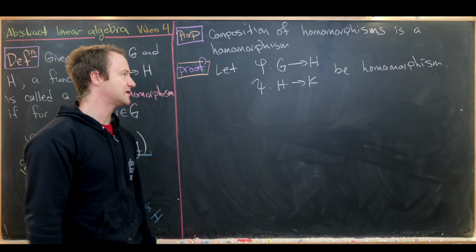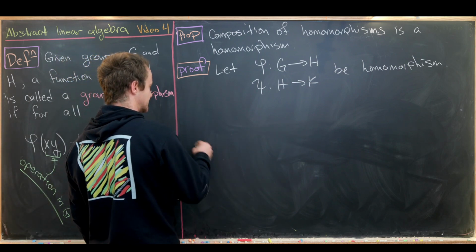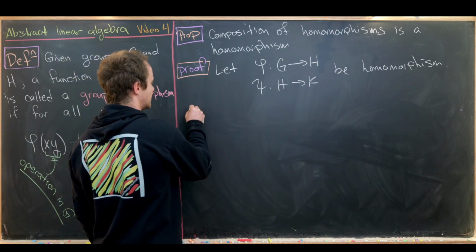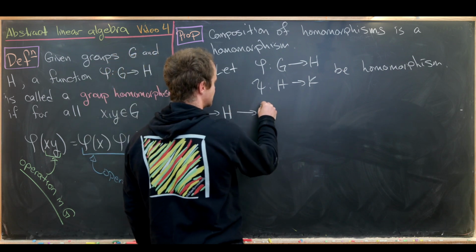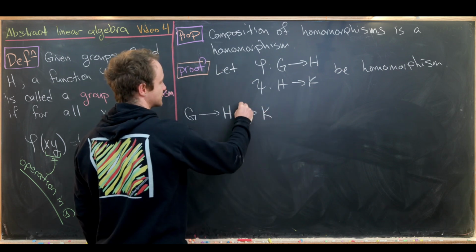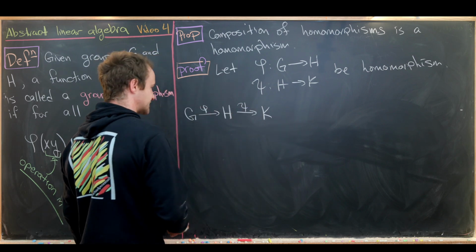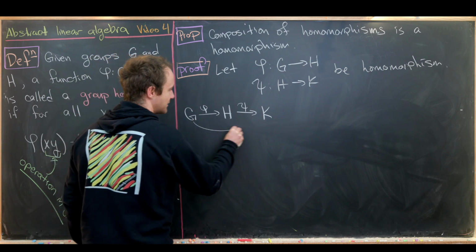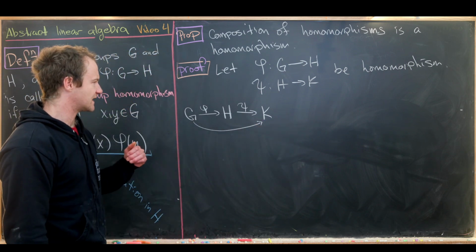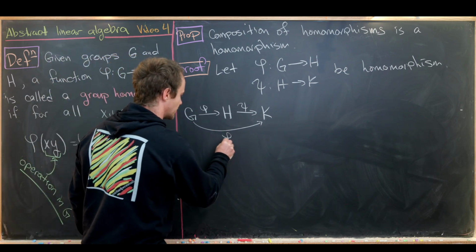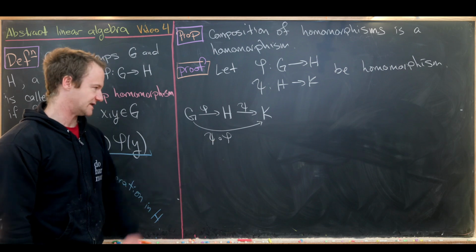Okay, so let's put this into a string so we can see which order the composition needs to go. As a string, we have G being mapped to H being mapped to K. So notice we have psi doing this last map, we have phi doing this first map. So the composition from G to K will be something like this. We need to start with phi and follow it with psi, and we're reading from right to left.